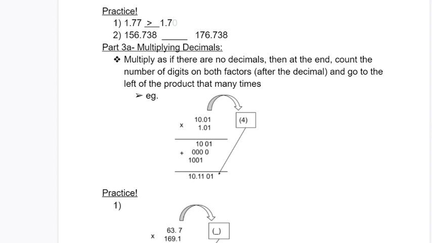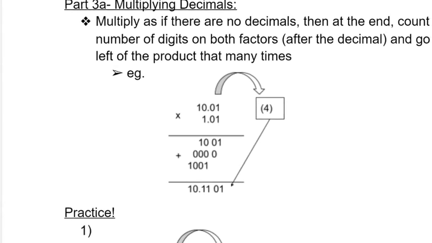So in this case, we go back to the top and we say, okay, on both factors, meaning 10 and 1 hundredths and 1 and 1 hundredths, how many digits are after both decimal points? So in the first factor, there are 2 digits after the decimal point. In the second one, same thing, 2 digits after the decimal point. So that gives a total of 4 spaces.